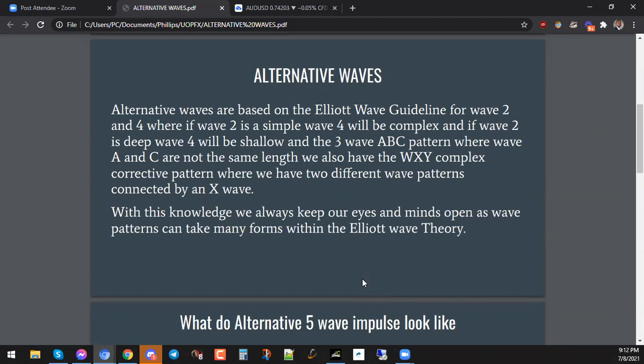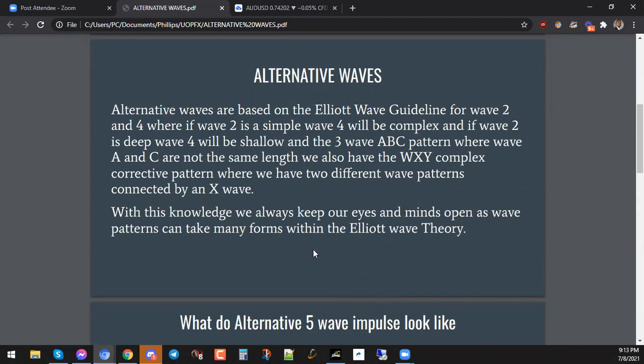The market makers, they mix it up at times. So you must have an open mind when you look at pattern construction. I know a lot of us look at simple chart patterns like wedges, triangles, head and shoulders, cup and handle, and so on. But when you look at Elliott wave structures, you go deep into the waves, and the wave construction could become complex at times.